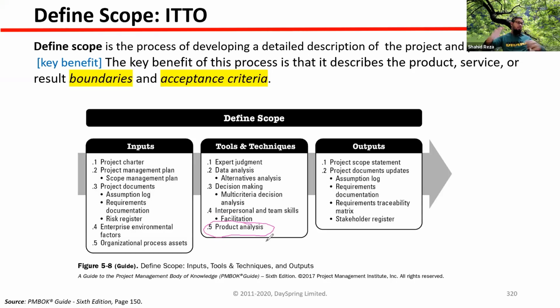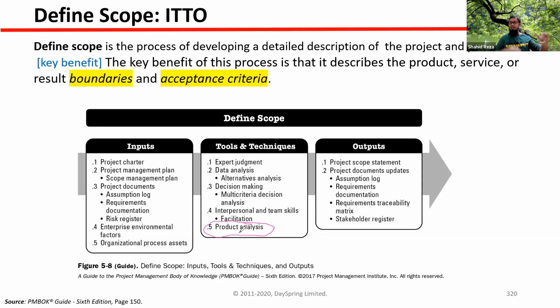So what is product analysis? That means you are now finalizing the scope of the product that you are targeting. This product analysis you can use only for projects which are creating products, not for service or result. For those projects involved with product development, you can use the product analysis tool. For example, you are trying to develop a mobile device. So what can I do?